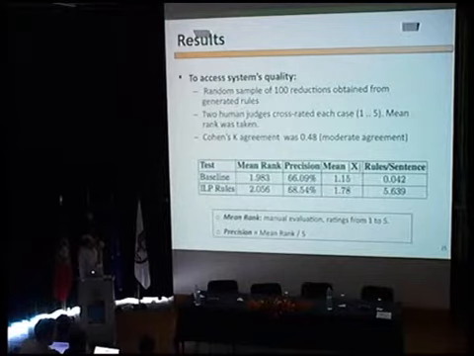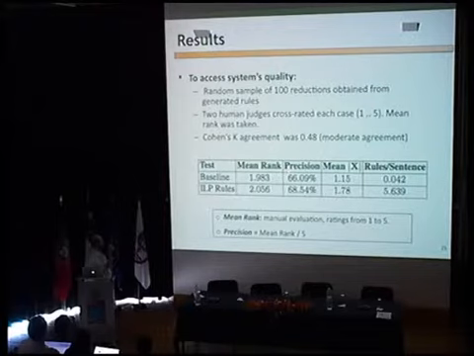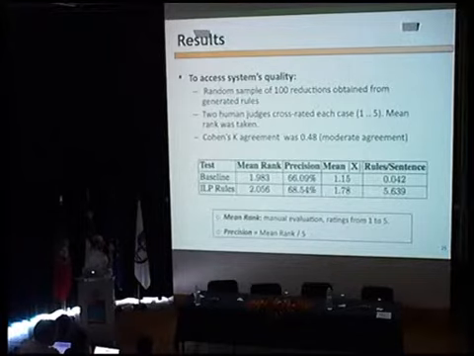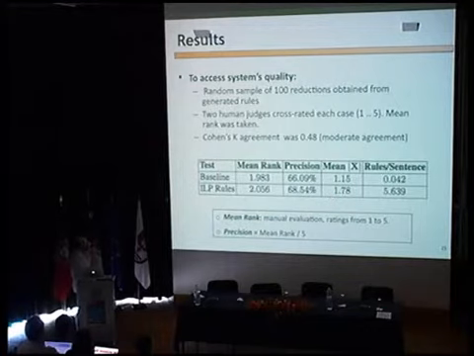The Cohen's kappa agreement was 0.48, which means moderate agreement. In terms of precision, we didn't achieve a big difference compared to the baseline. But in terms of utility and application, the process of using induced rules produces a more valuable outcome.